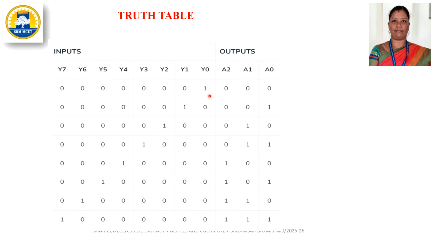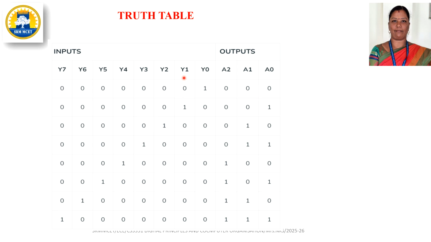For example, the Y0 input alone is 1 and the other inputs are set to 0. So the output will produce the binary equivalent of 0, which is 0, 0, 0.